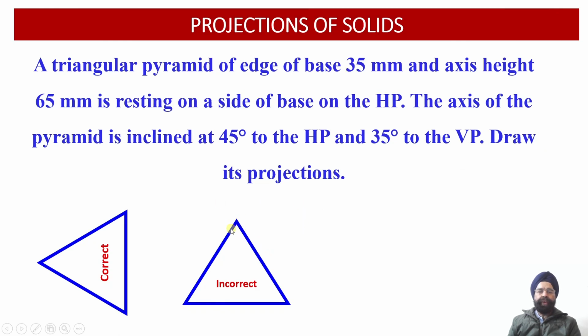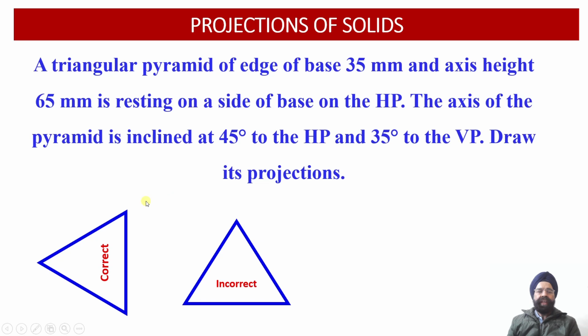Now here if we take this orientation as the location of the base onto the horizontal plane, we will find that while we incline the axis of this triangular pyramid with respect to the horizontal plane, either it will be resting on this corner or it will be resting onto this corner if we incline it this way. So no way this triangular pyramid will be resting on the horizontal plane on the edge of the base over here.